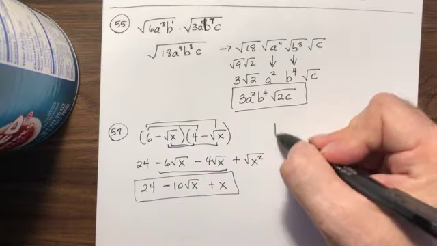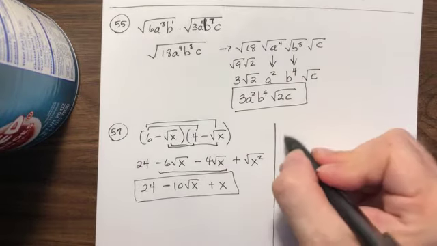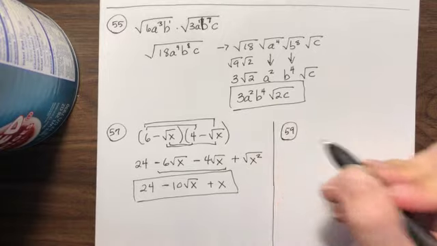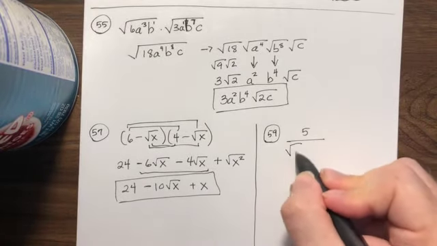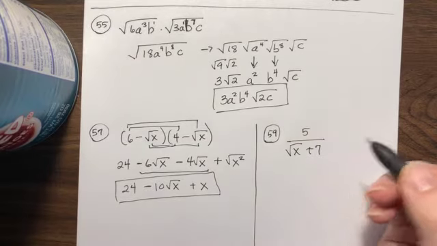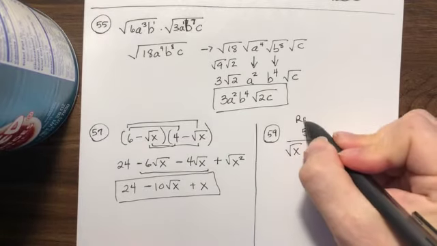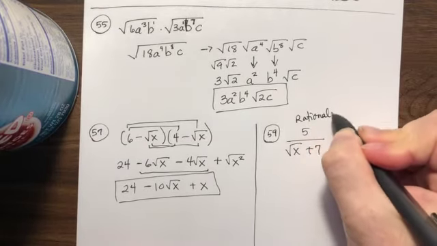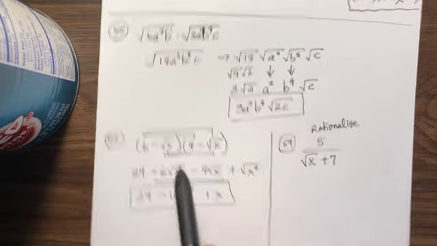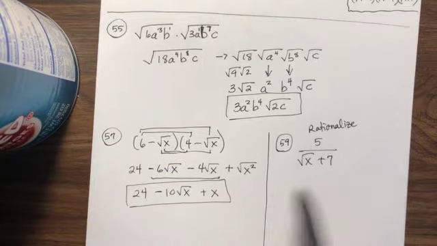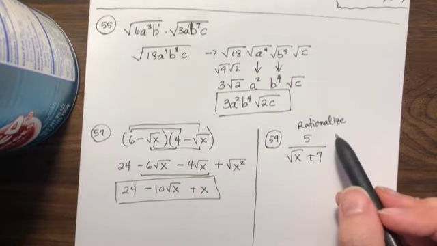Now this is sort of preparing you for a rationalize problem, more like 59, which I know is what you see on the final exam, something similar. So when you're asked to rationalize, with a multiply problem it tells you what to do, but with rationalize, it's not telling you what to do.